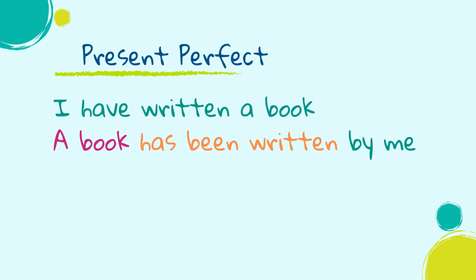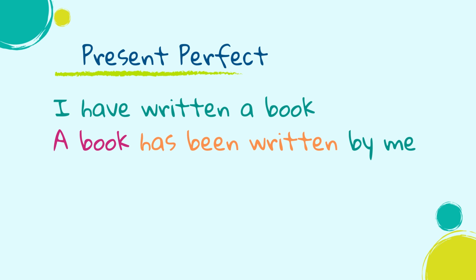Now we are going to change it into passive. So the object, a book, is transferred into the subject here in the beginning of the sentence, a book, and then followed by the auxiliary have becomes has. Why becomes has?